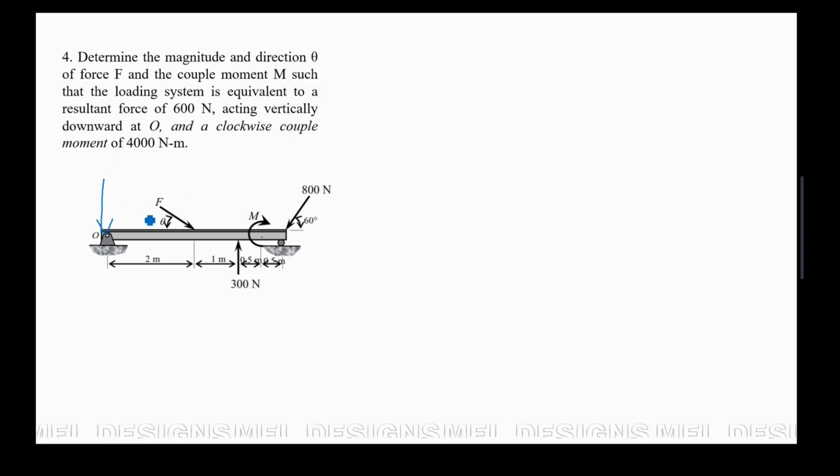So the summation of the forces here is equal to 600 Newton acting downward at point O. And then we have a clockwise couple moment of 4,000 Newton meter. So here is our moment, which is equivalent to 4,000 Newton meter. Okay?